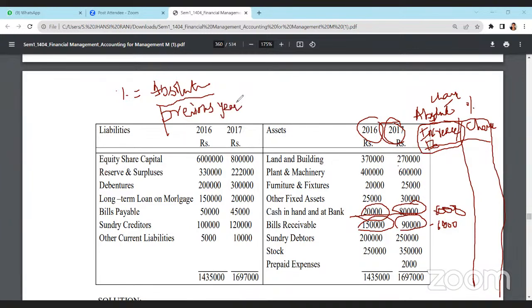What is our previous year in this question? Here our previous year is 2016.